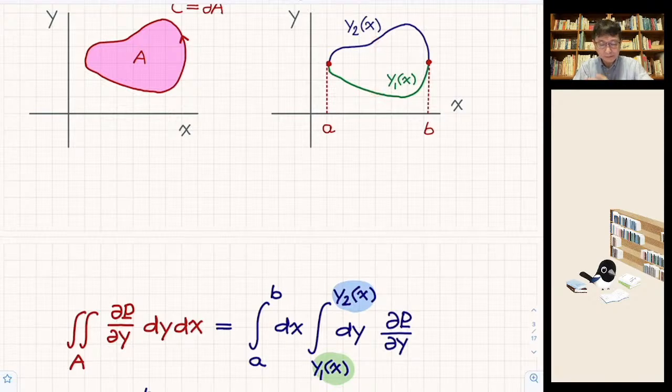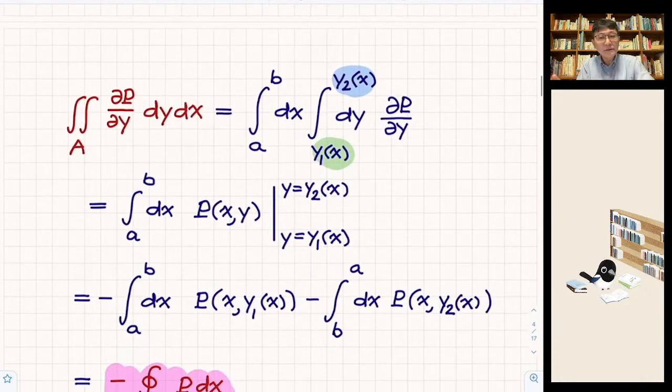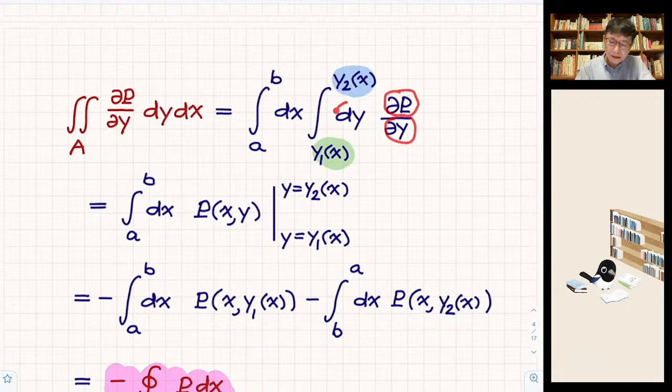Pretty nice, right? Okay, so here we are safe with the algebra. You're just facing this integration, but it is somehow trivial because it's partial p, partial y, integrated over dy, and we know how to do that. It's basically just p, and then plug in y equal to y1(x) and y equal to y2(x).